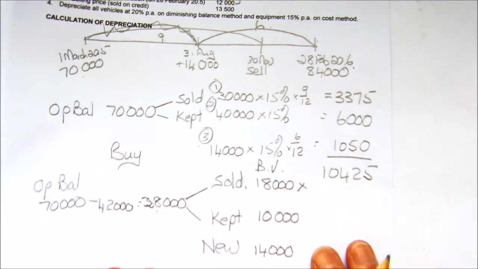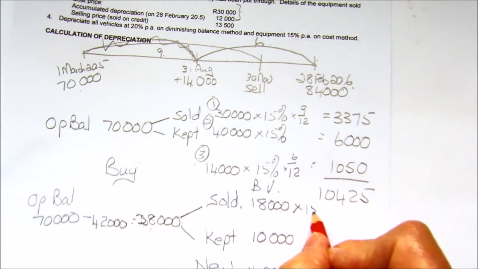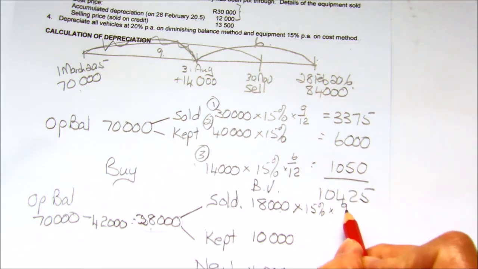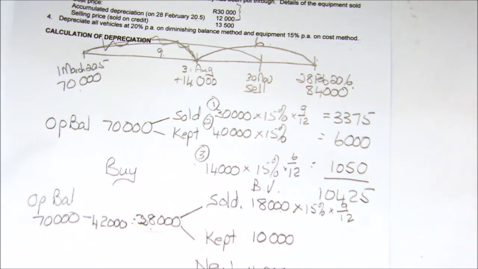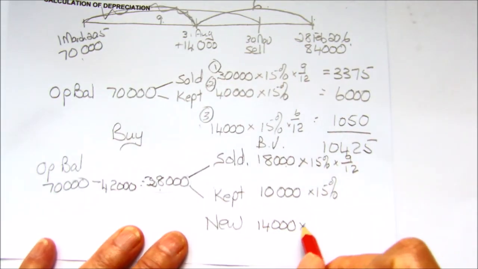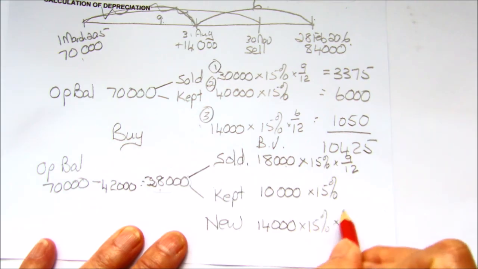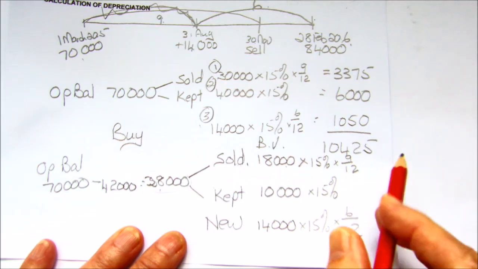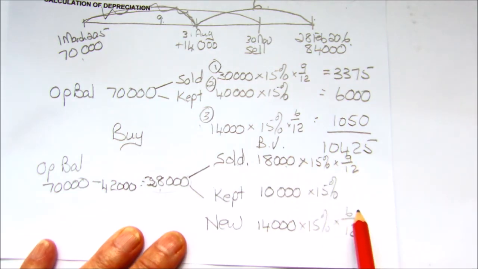So your sold one, it's still going to be 15% if we're working out diminishing balance, and you still had it for 9 months. The one that you kept will be 15%, and the new one is going to be 15% times 6/12. Now that's not the figures for this. Remember, learners, I'm just explaining for another exercise.